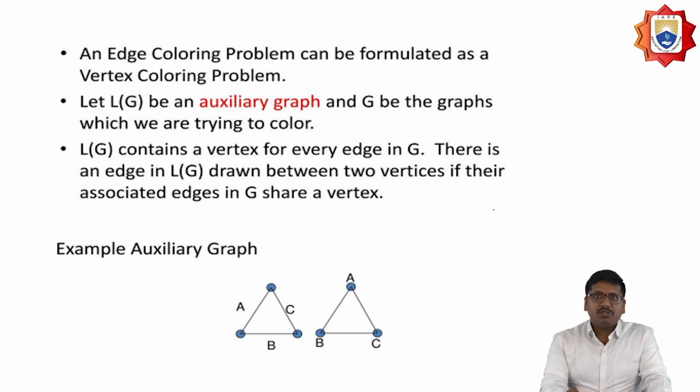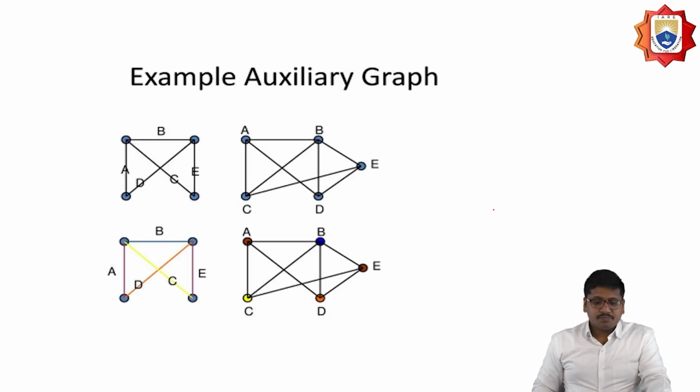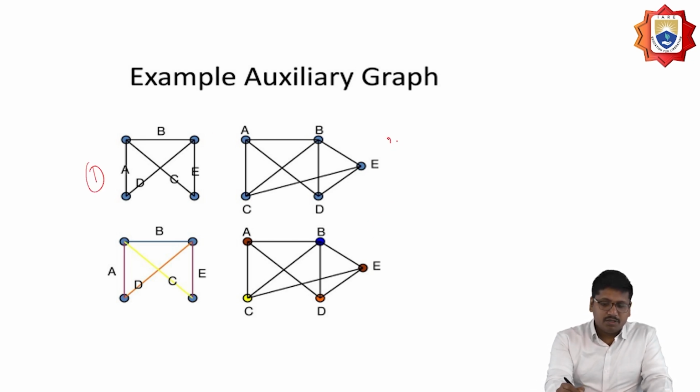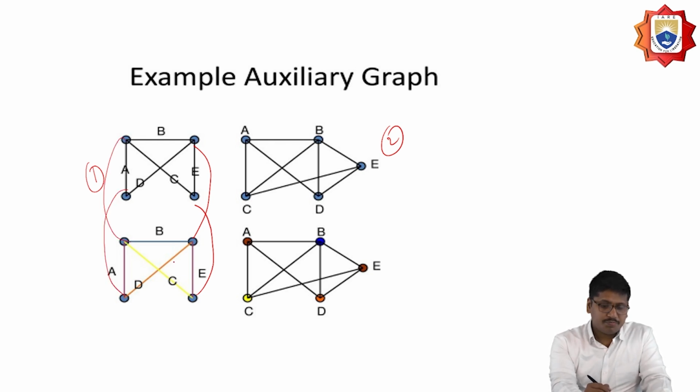And a graph which has the same number of vertices and the same edges, I can say that graph is an auxiliary graph. So an example of this auxiliary graph: this is one auxiliary graph and this is another auxiliary graph. Here, both have the same number of vertices and the same number of edges.